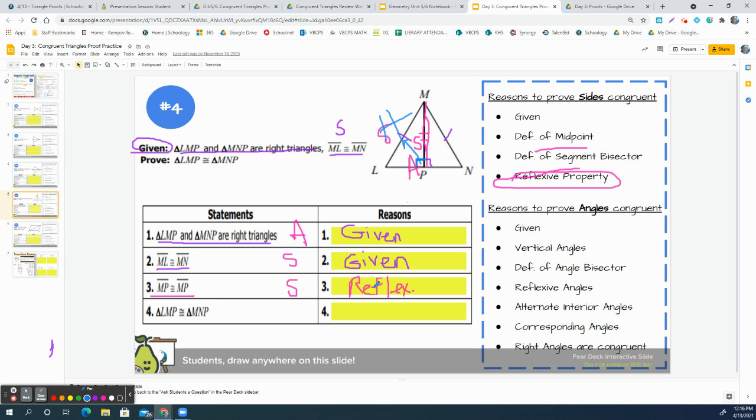I can call that a hypotenuse, right? That's going to be so important in our next unit because our next unit is all about right triangles. So this hypotenuse is across or opposite that right angle. And then the other 2 sides are legs. So instead of doing side, side, angle, or angle, side, side, we're going to call this hypotenuse leg. Hypotenuse leg. Okay?